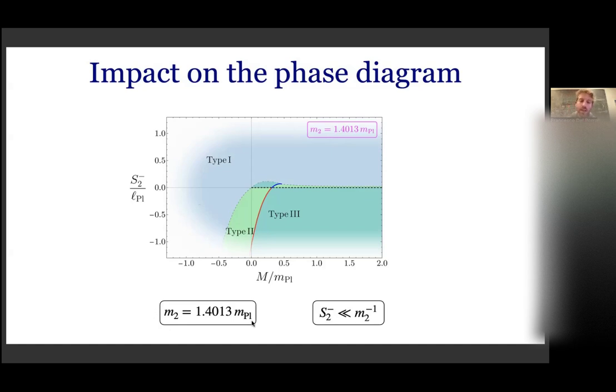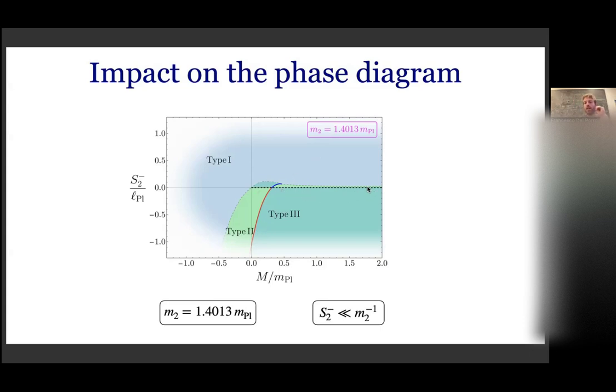The resulting diagram is pretty interesting because, with this blurring out of this region and setting the scale, you find that the whole landscape of possible solutions of Einstein-Weyl gravity is reduced drastically, and you basically exclude all the possible type 2 solutions. I will show another couple of plots where this is more clear, especially in the range of large masses.